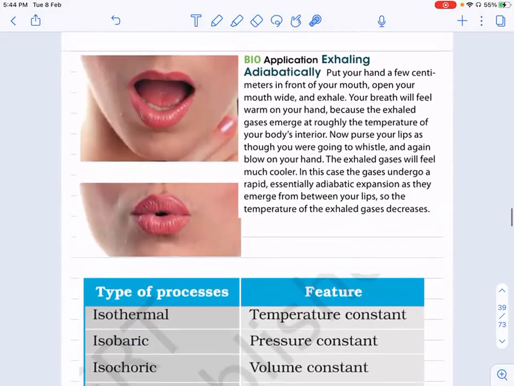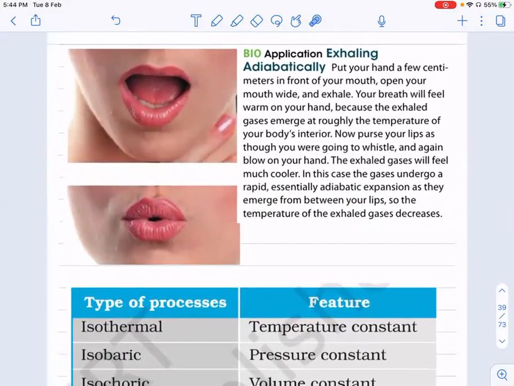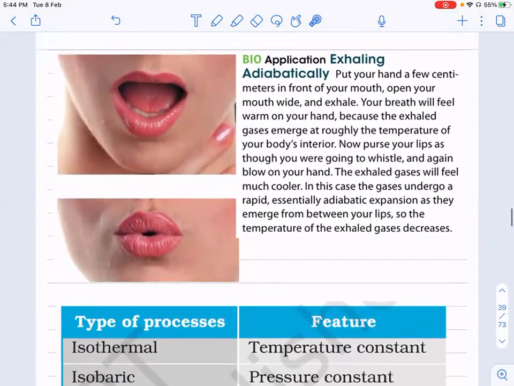Okay, you can do an experiment at home, now itself you can check it. If you blow out the air, see the first diagram here: put your hand a few centimeters in front of your mouth, open your mouth wide and exhale.